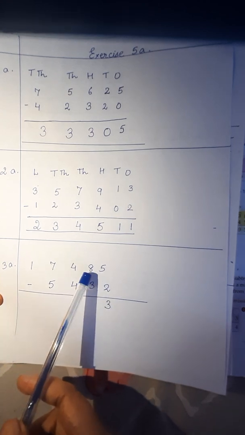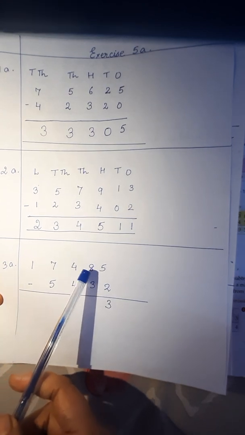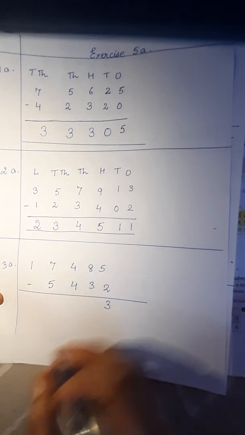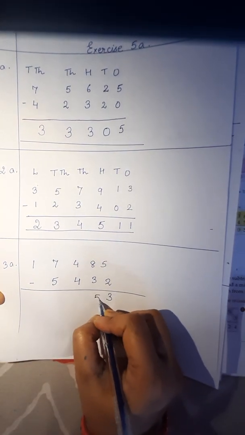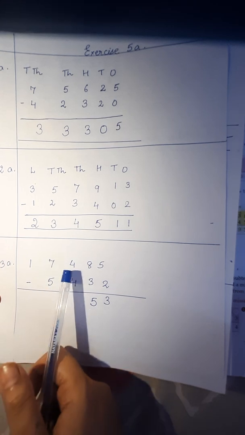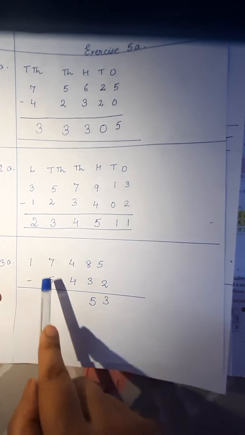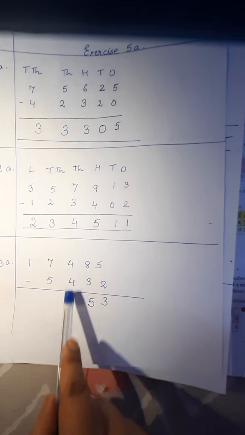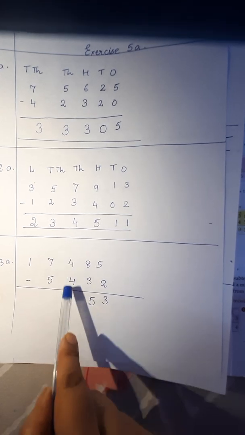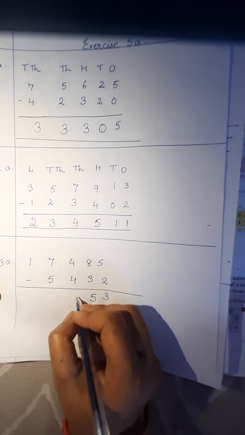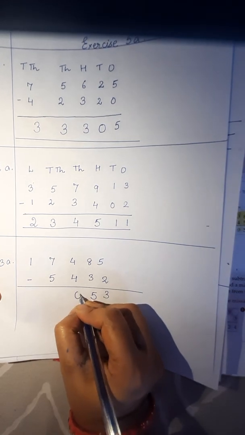Here we have 8 and 3. When we subtract 3 from 8, we will get 5. Then here we have the same number at hundreds place. So when we subtract the same number, what will we get? We will get 0. So 4 minus 4 will give you 0.